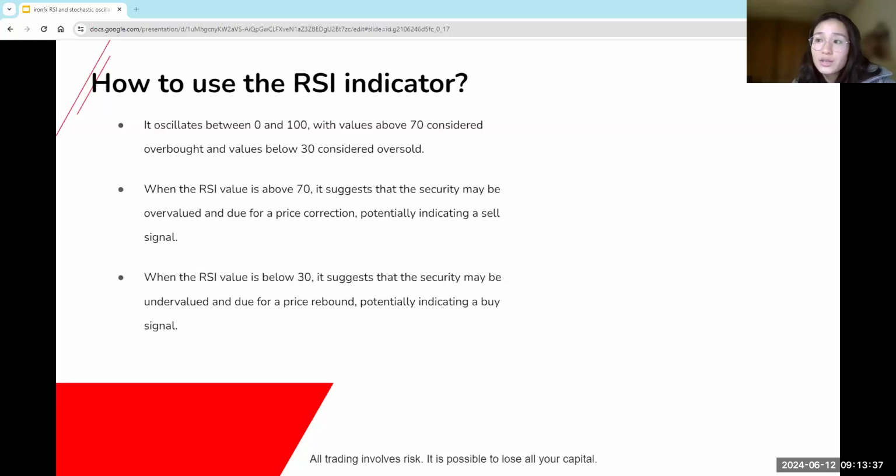When the RSI value is below 30, it suggests that the security may be undervalued and due for a price rebound, potentially indicating a buy signal. People use RSI in combination with other technical analysis indicators or fundamental analysis as well. That's why we want to talk about both RSI and stochastic together.